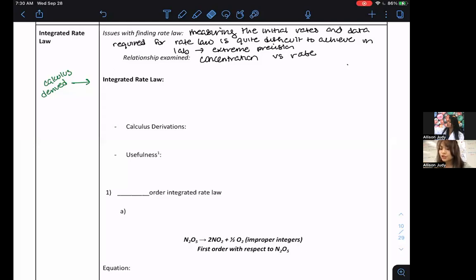So here's the issue with the rate law that I just introduced you to: one, it requires initial rates and initial data in general, like initial concentrations and so forth, which is actually very difficult to achieve in lab and requires extreme precision in your lab instruments. In addition, the relationship revealed through the original rate law, the OG rate law, is that we get a relationship between concentration and rate, which theoretically is awesome, right?